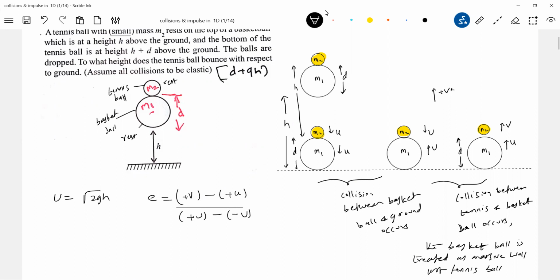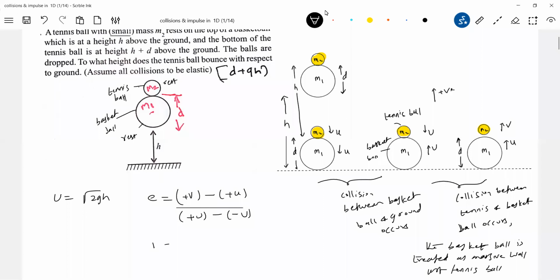Now try to see the signs: (V2 minus V1) by (U1 minus U2). 1 is the basketball, sorry. Okay, now solve this equal to 1.